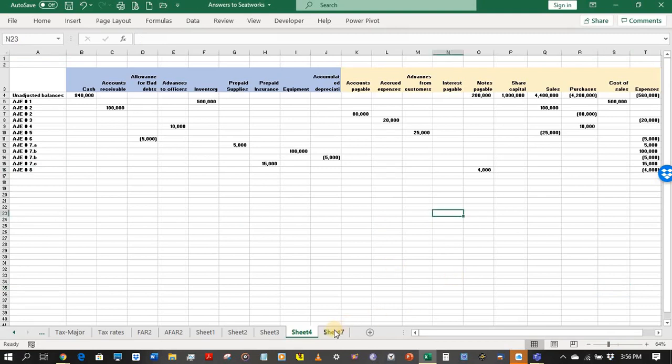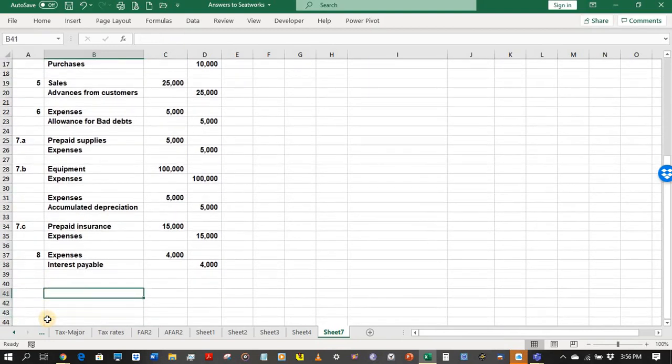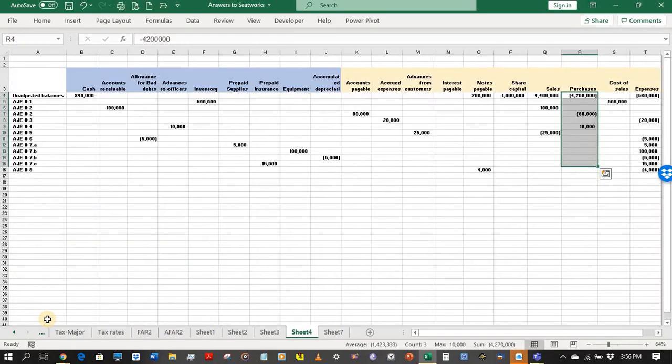So, tatanggalin ko yung purchases. Ililipat ko sa cost of sales. So, yung purchases natin ay, ang total niya is 4,270,000. So, tanggalin natin yung purchases, credit purchases, ililipat ko sa cost of sales, 4,270,000. Siyempre, etong adjusting entry na to, optional to.